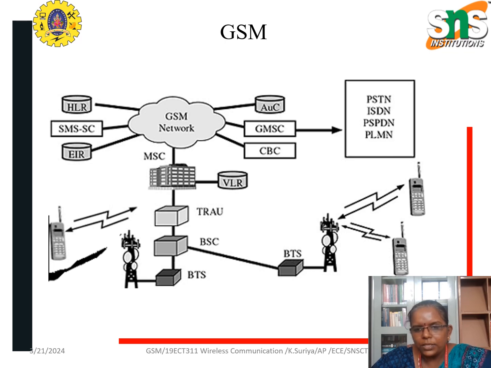The GSM network consists of mainly four separate parts: the mobile phone itself, the base station subsystem, the network subsystem, and the operation and support subsystem. If you see here, you'll have a mobile phone, which is connected to the base station subsystem, which in turn is connected to the network subsystem, and finally operation maintenance comes here. So let us see each one by one in detail.